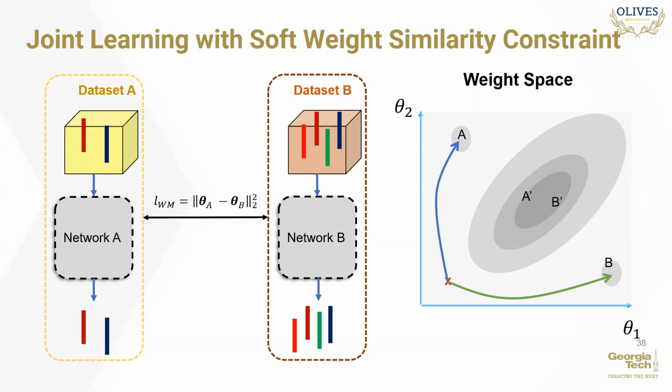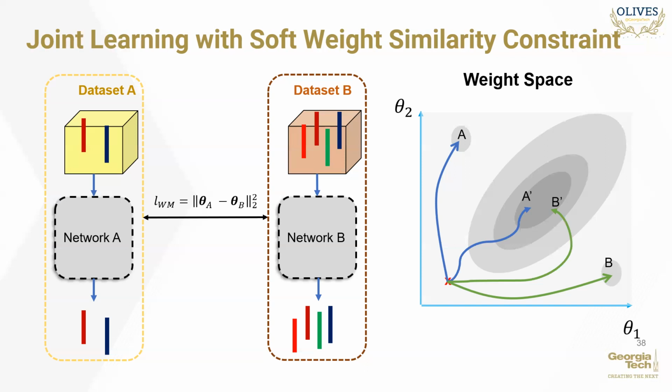But what we are saying is that if there was some way to share information between the two networks, and I'll talk in detail about how exactly we do that, as they're also training on their respective data sets, what would happen in the weight space is that we would be putting a soft constraint on these networks to find solutions in the proximity of each other.